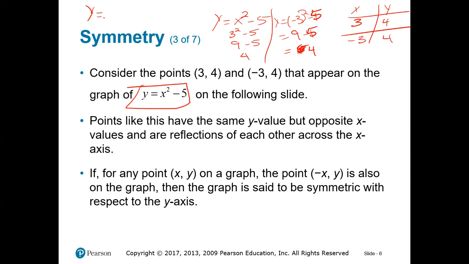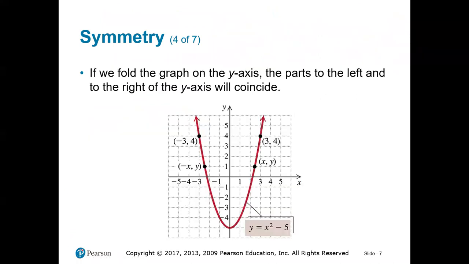What if I said x is going to equal 0? 0 squared minus 5 is just -5. So now I get -5 for y. Now I can plot this on the graph, and I've got my -5 right here. That ordered pair is (0, -5). They already plotted the other ordered pairs. So we got this parabola that opens upward.